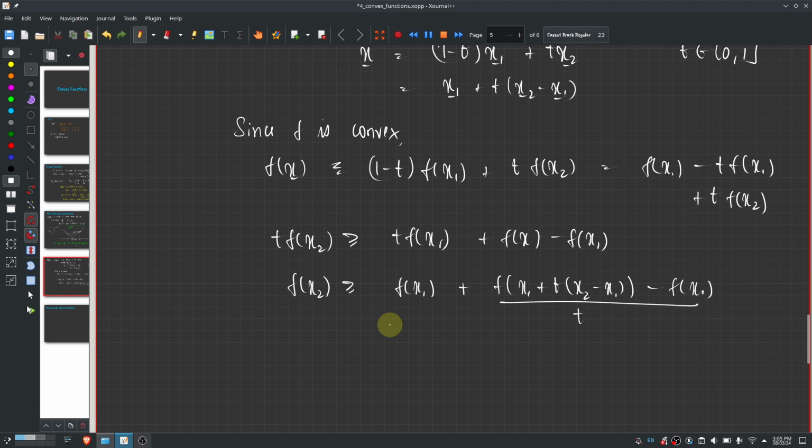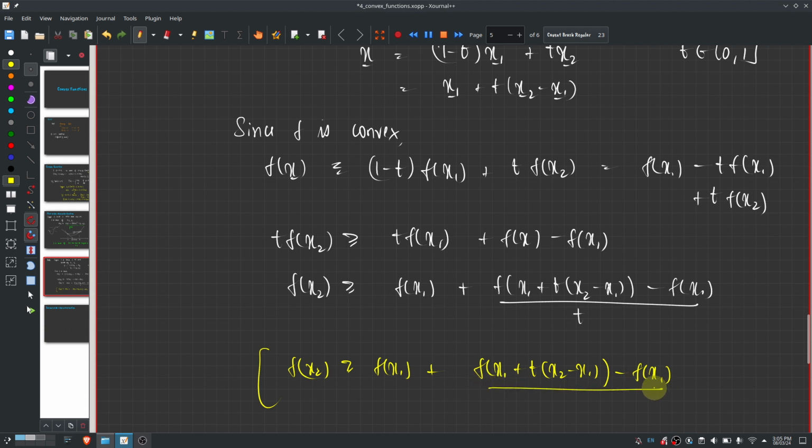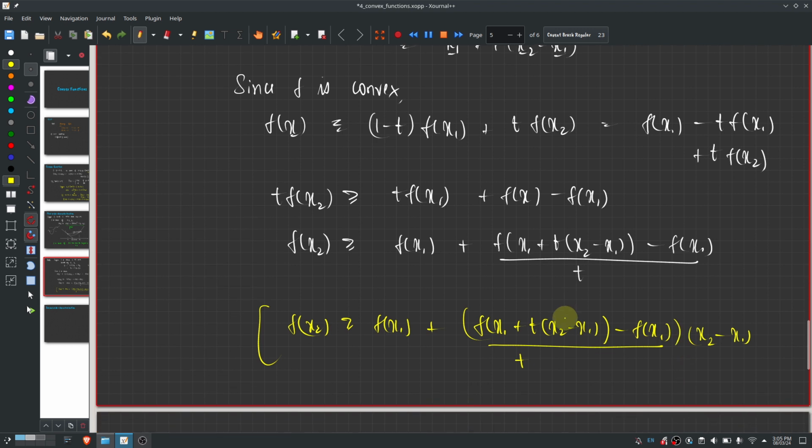If this were a univariate function, then I would get f of x2 greater than or equal to f of x1 plus (f of x1 plus t times (x2 minus x1) minus f of x1) divided by t times (x2 minus x1), where I multiply and divide by x2 minus x1.